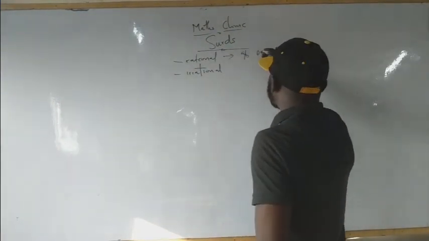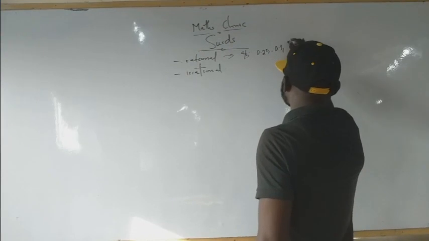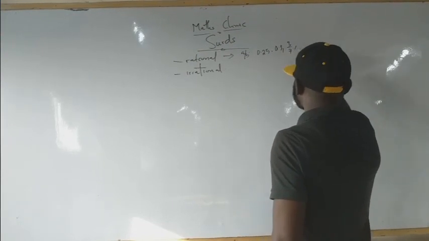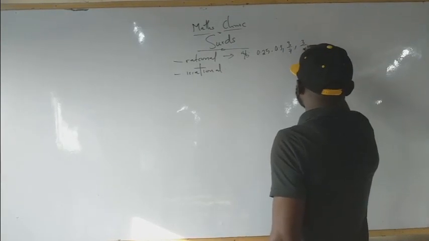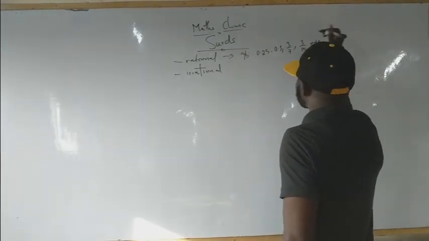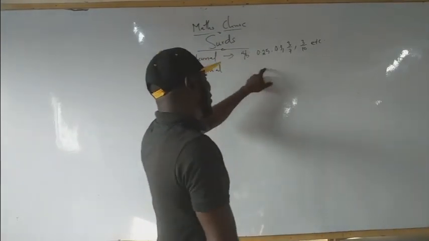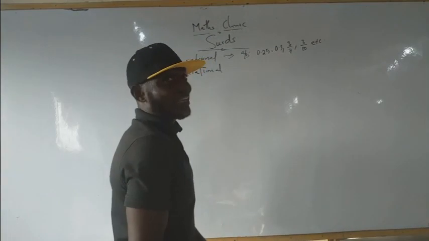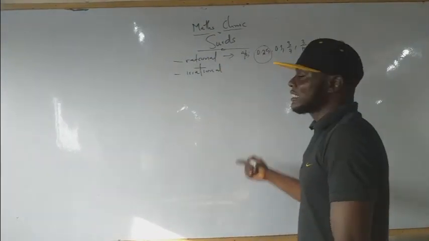Examples are 0.5, 0.25, 3 over 7, and 3 over 10, etc. Then you ask, what is 0.25 doing in this? Yes, this is the word decimal.